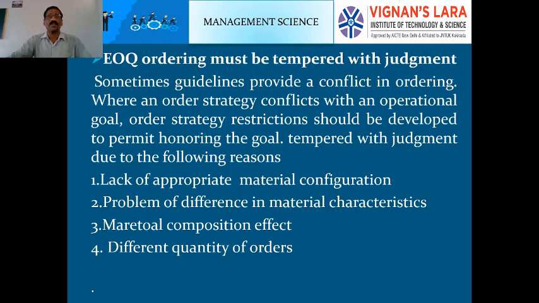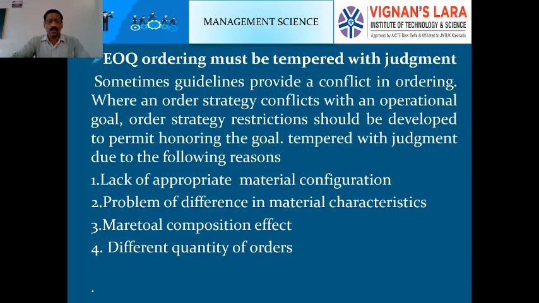Material composition effect. While producing the goods, material composition is compulsory. One or two material compositions are needed for producing the goods. Here, according to the composition level, the material order is to be placed, not based on previous orders, with different quantities of orders. That means in every year, every month, we are not able to make a uniform order.